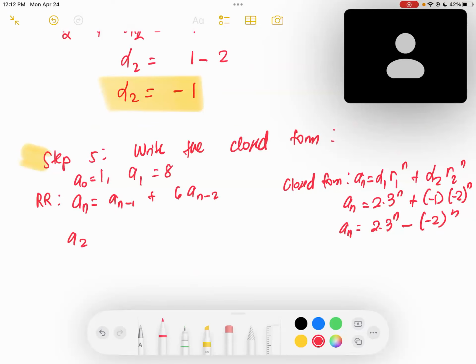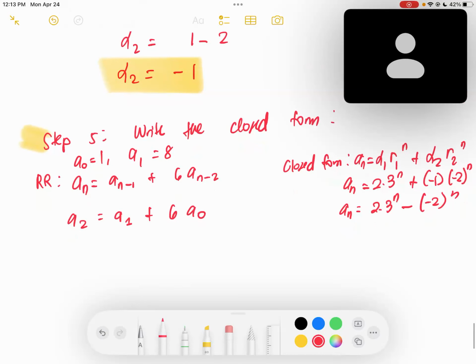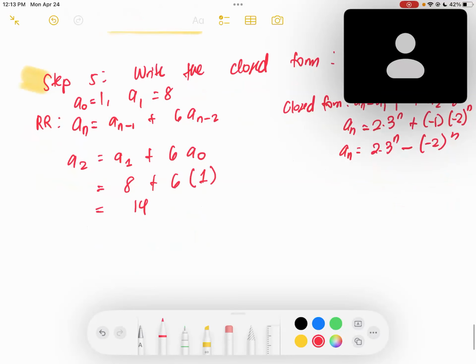Okay. So a2 is equal to a1 plus 6 times a0. So a1 is 8 plus 6 times a0, which is 1. So this is 14.